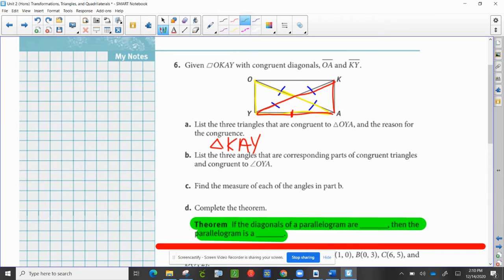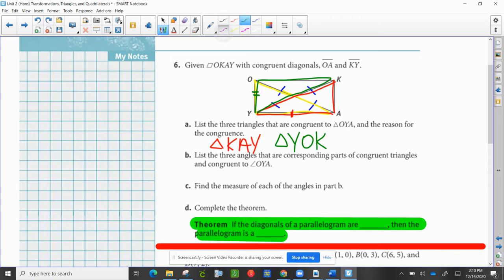Similarly, if we have triangle YOK, same idea. They're sharing those diagonals that are congruent, and they're also sharing this side here by reflexive property. So again, side-side-side would prove that.